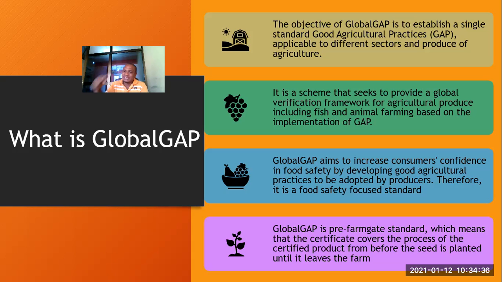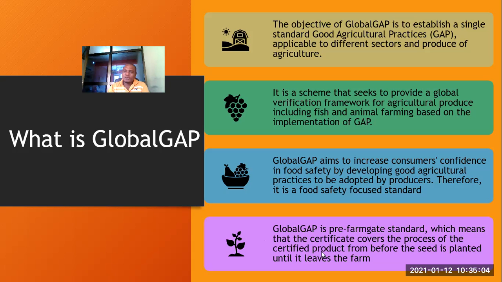Once you are certified, whichever consumer is buying your produce has better confidence that your produce is safe for consumption. So in this case, the majority of the principles underlying the GlobalGAP standard are focused on food safety. So this will give an assurance to the consumer.